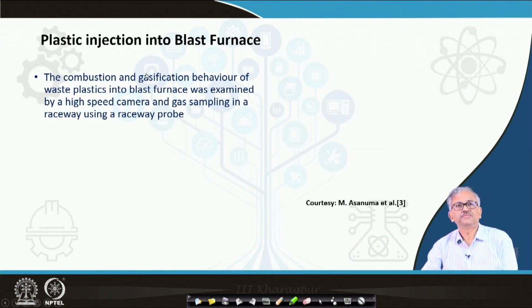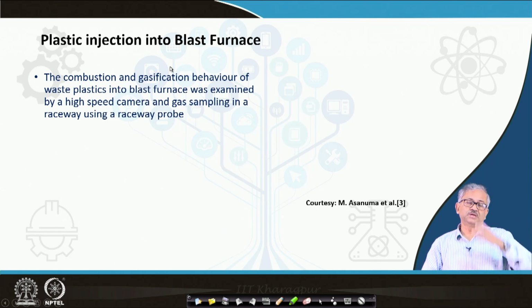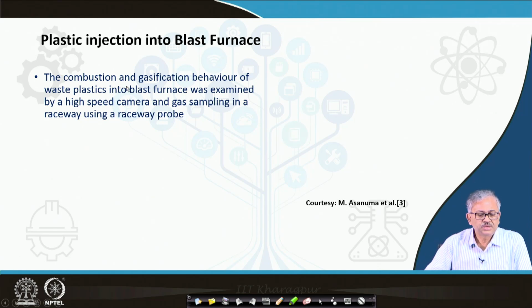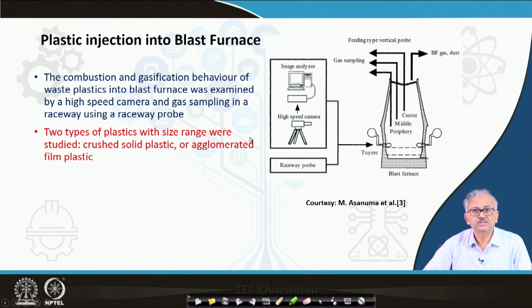Now, another very important topic that is coming is the plastic injection in the blast furnace. The combustion and gasification behavior of waste plastic in the blast furnace was examined in a pilot blast furnace. Two types of plastic have been used.